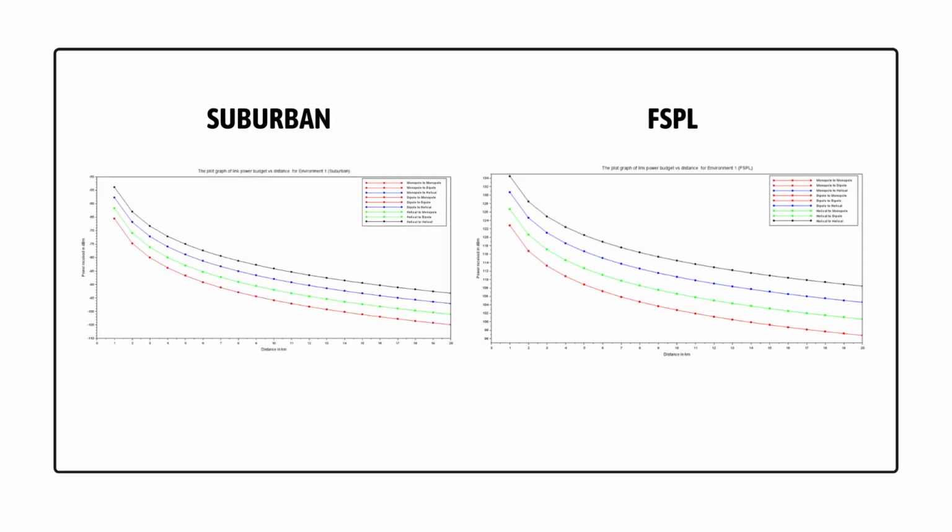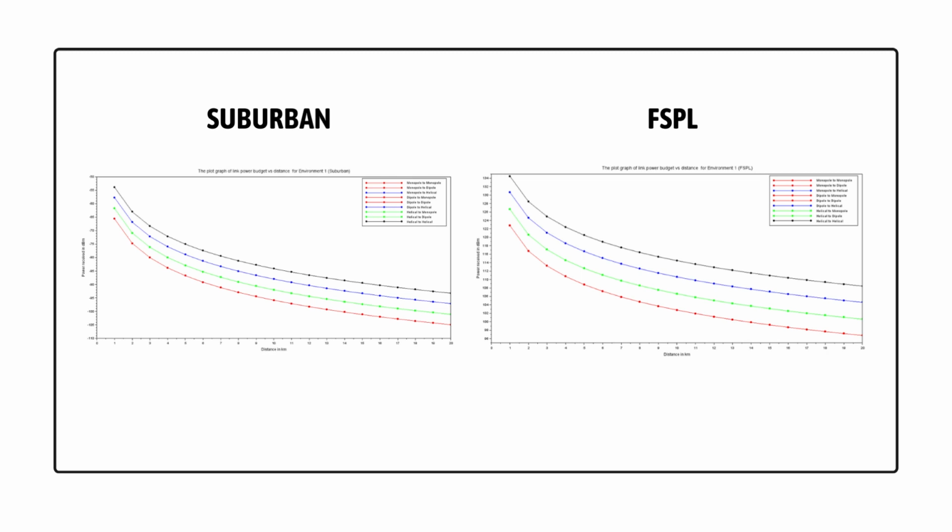And the second comparison is suburban and FSPL. Suburban environments lie between rural and urban settings, with a moderate level of obstacles and lower population density. Compared to free space, suburban areas experience higher path loss due to some obstruction, but the impact is less pronounced than in urban areas.